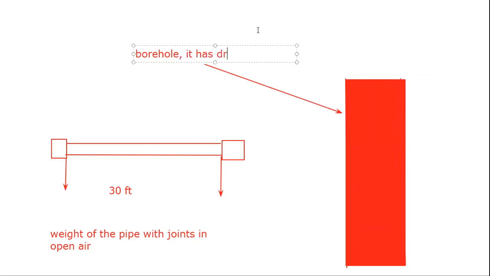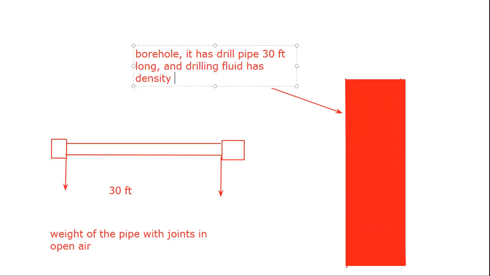It has drill pipe 30 feet long, and the drilling fluid has a density of 12 ppg, pounds per gallon. Now this pipe we will put inside this one.